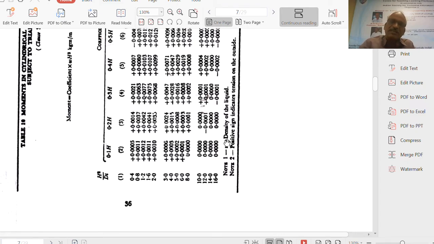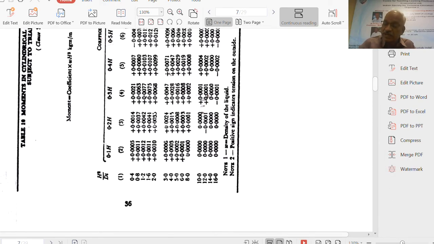Or we can take it as 10,000 as a round number, because taking a slightly higher value keeps our design on the safer side. Some books follow 10,000, some follow 9,810, and one book gives it as 9,800. One must be aware of what we are doing.